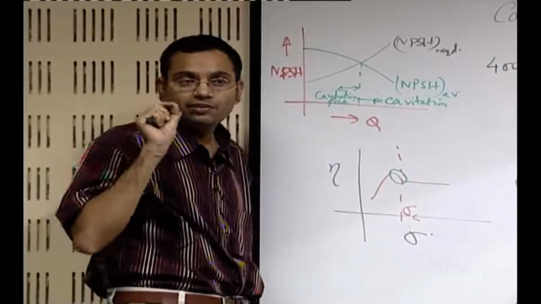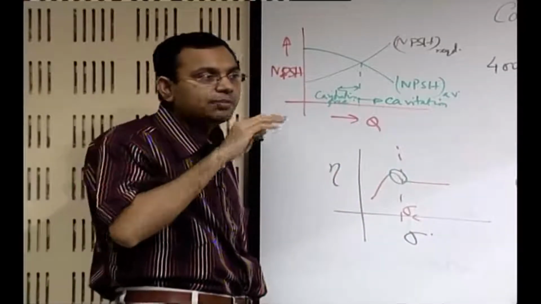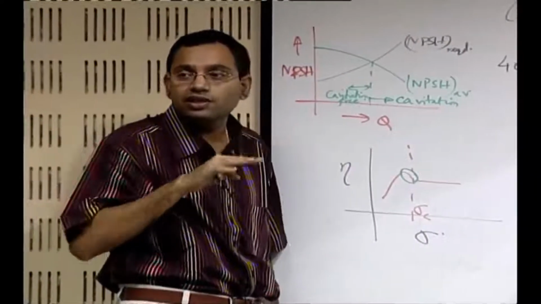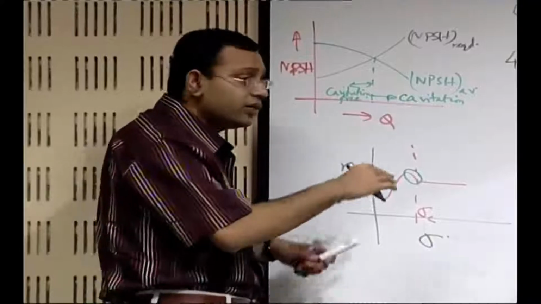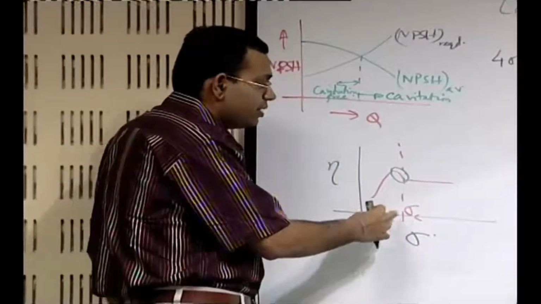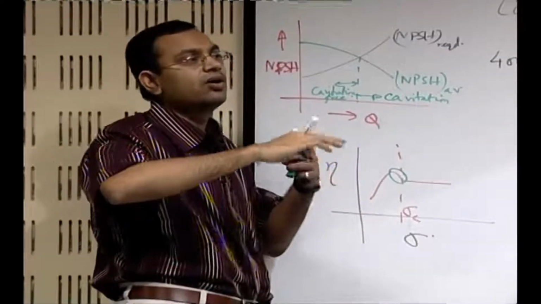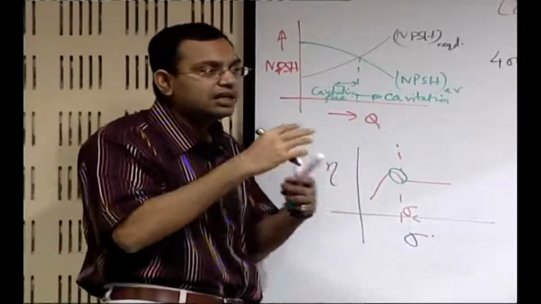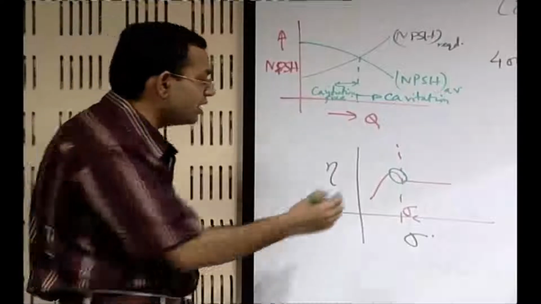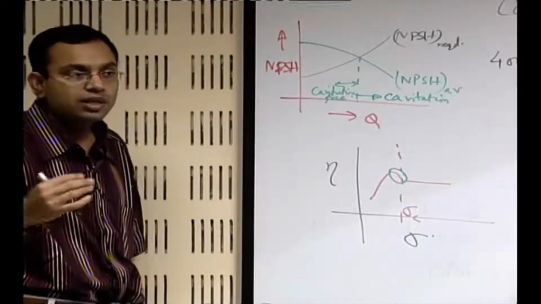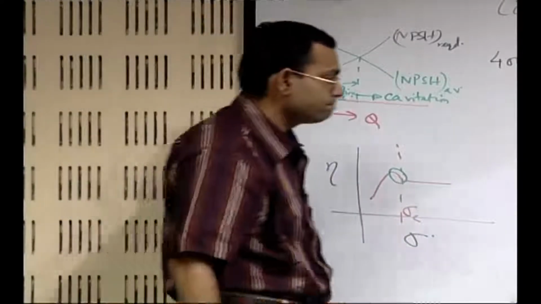There is an initial inception of bubbles, and the bubble layer forms as a blanket on the blades, reducing the blade friction. But with more and more deviation from sigma c, these bubbles are now all around in the flow and they create the catastrophe of cavitation, and that is why the efficiency drops sharply as sigma falls significantly below sigma c.